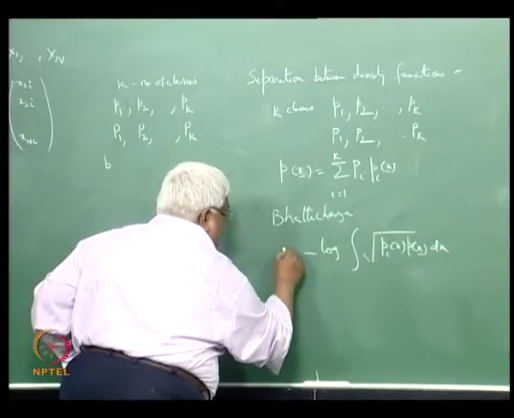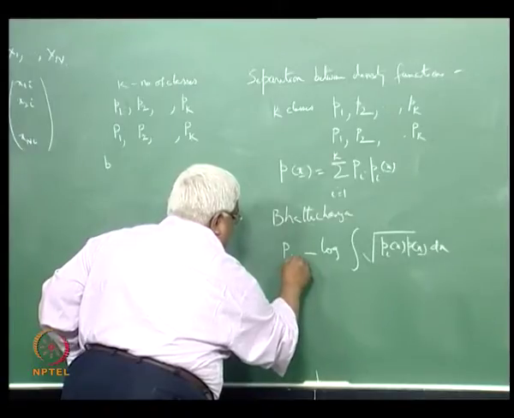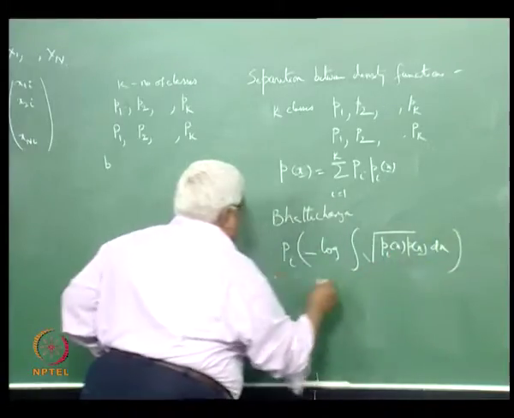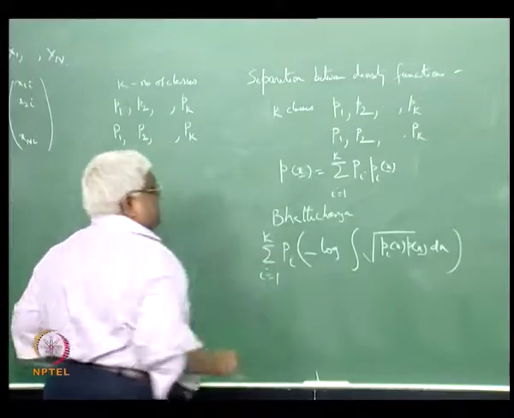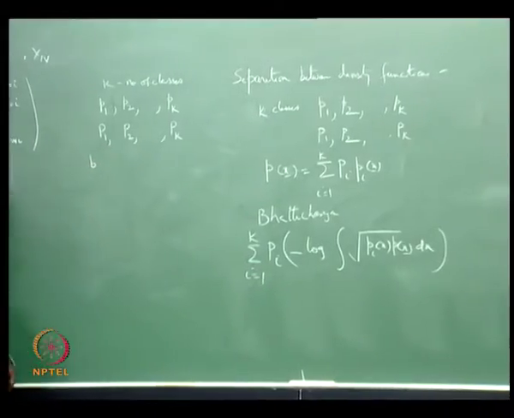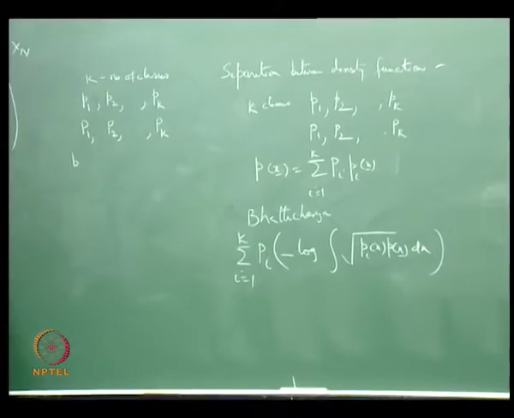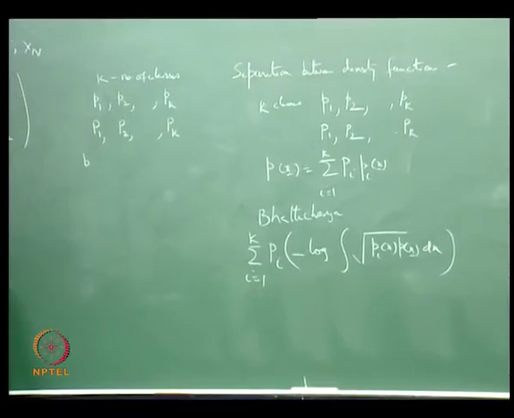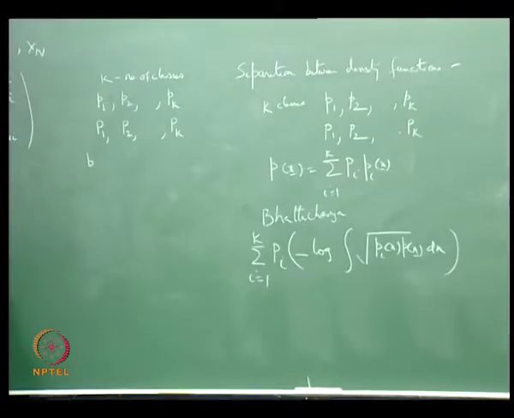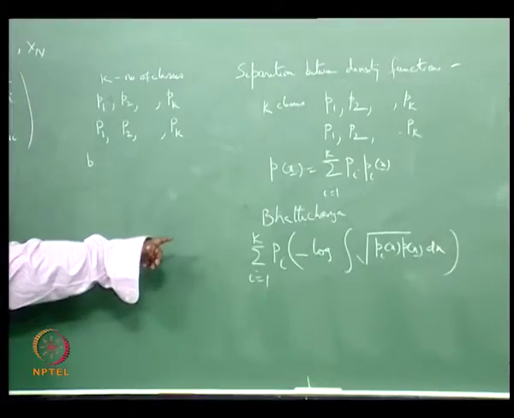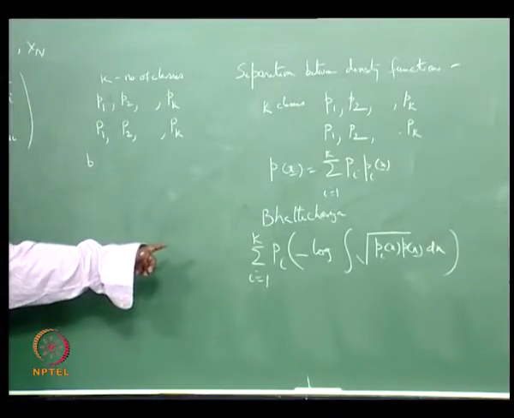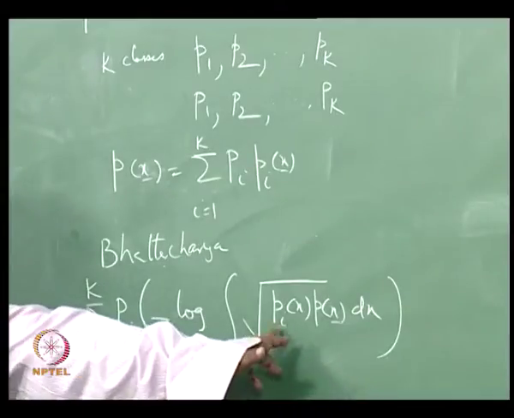This you multiply by p I and you take the summation I equal to 1 to k, p I bracket, and you write it with respect to p I and p.